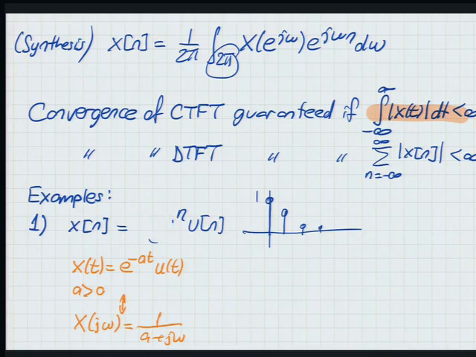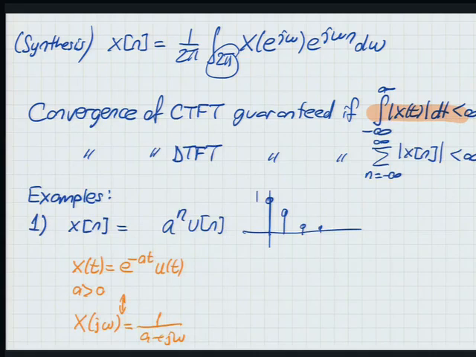We can just say a to the n times u of n. And again, if a is smaller than 1, it will converge like that. What happens if a is bigger than 1? Or what happens if a is 1? Stays the same. That's like little a being 0 in the continuous time example, right? If a is bigger than 1, this is then exploding exponentially. If it's 2, then it goes like 4, 8, 16, etc., blows up really quick.